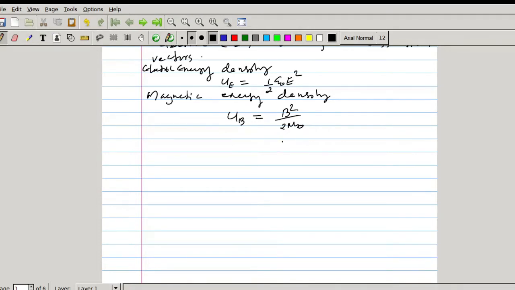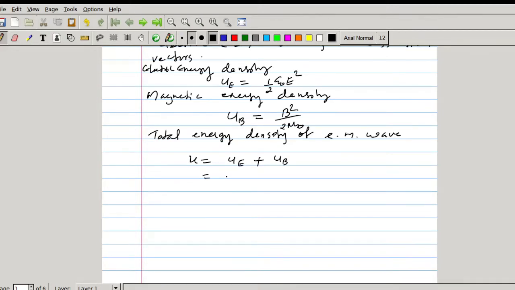Electromagnetic wave is associated with both electric and magnetic field vectors, so the energy is carried by electric and magnetic fields. So the total energy density of electromagnetic wave can be written as U equal to U electric plus U magnetic.